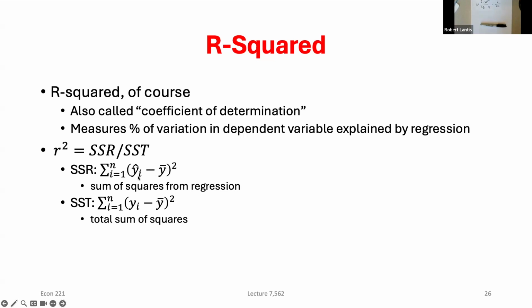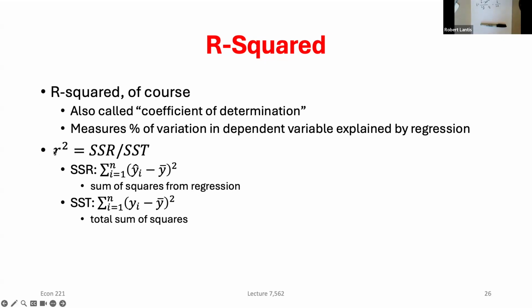So this would be the variation that I can explain using my predictions. Now the total sum of squares is all the variation that exists in those y variables. Because y is always going to be different than my predicted y, because it always includes some error term, I'm only going to be able to explain a certain amount of variation with my predictions.